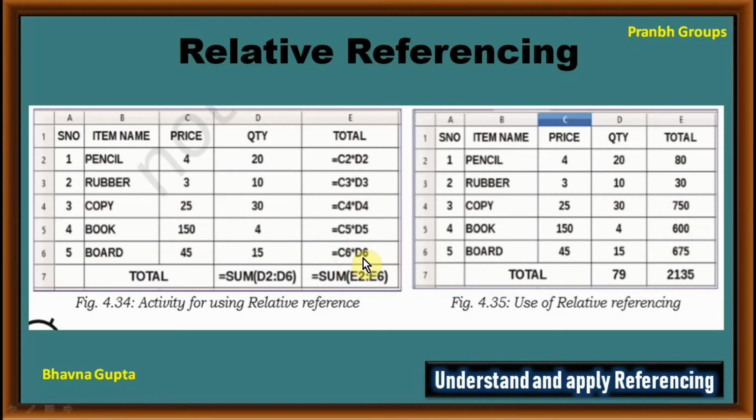The row numbers have been incremented from 1 while the column names are constant. As you drag the formula from cell D7 to E7, the formula changes to SUM(E2:E6) from SUM(D2:D6). The column names get changed while the row numbers remain the same.